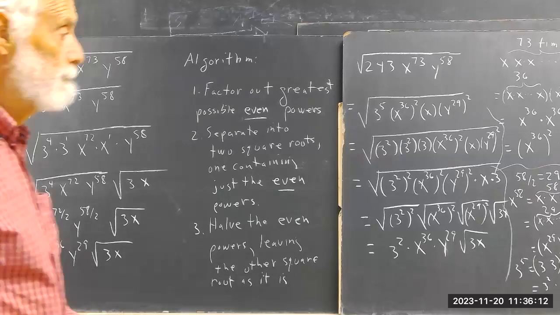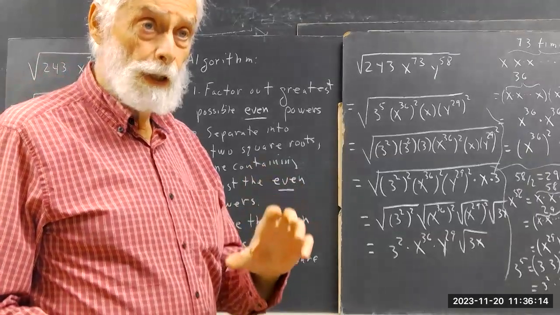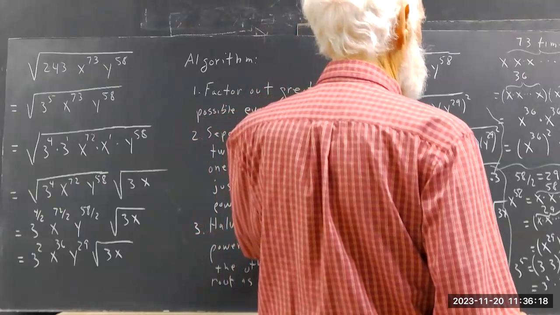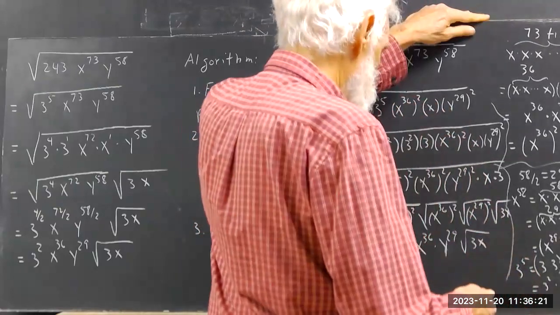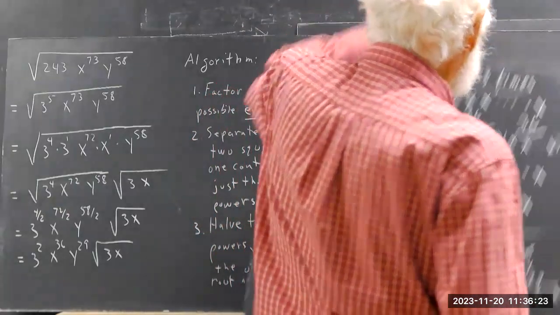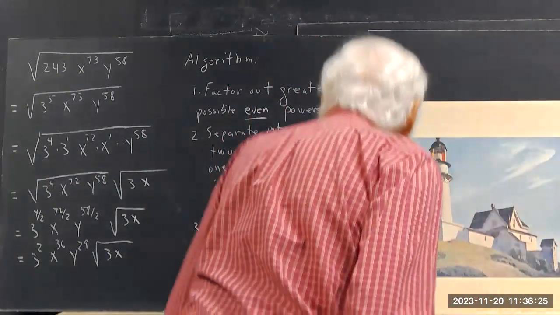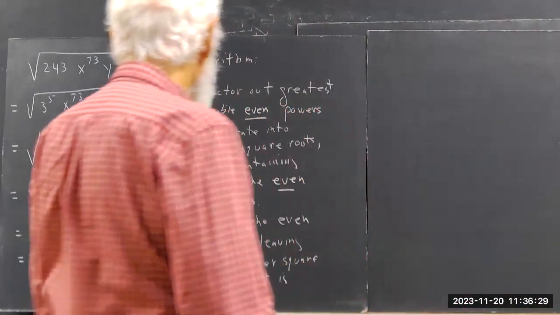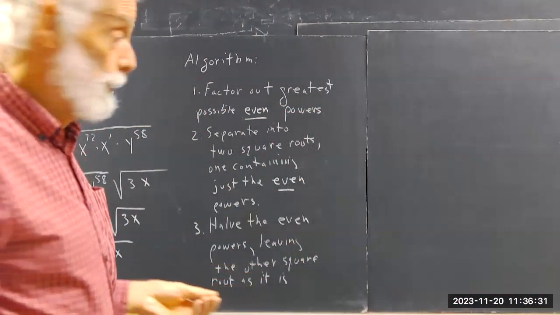So let me give you one to do and see if you can follow that out. I'll get rid of these. Okay, I'm going to leave the algorithm up there.